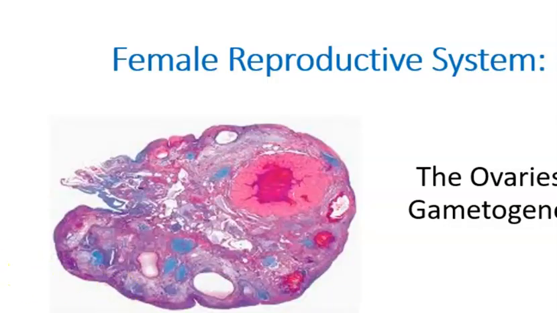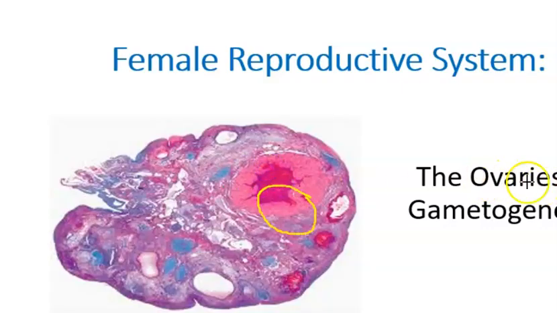So let's first just cover the anatomy of the ovary. The cortex of the ovary, the outer layer, is where gametes are formed. We can see in this picture several stages of gamete formation or oocyte formation.